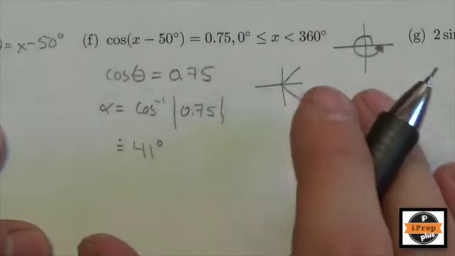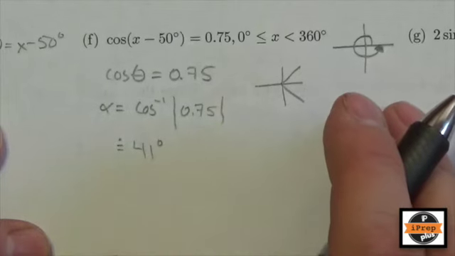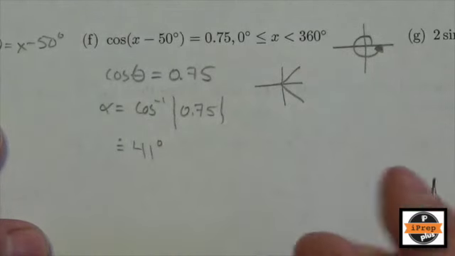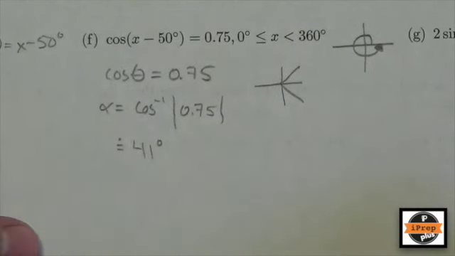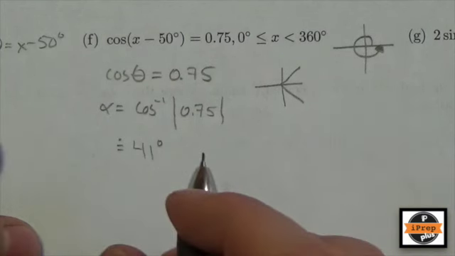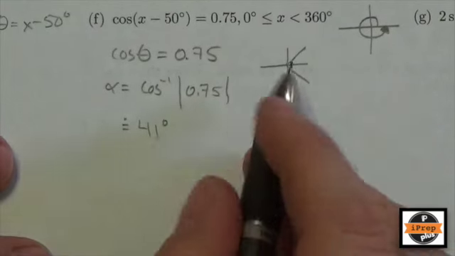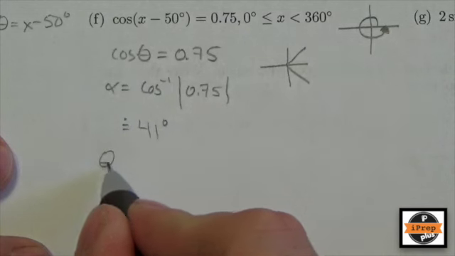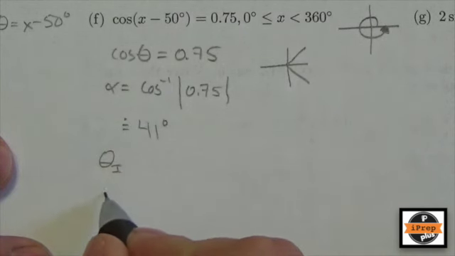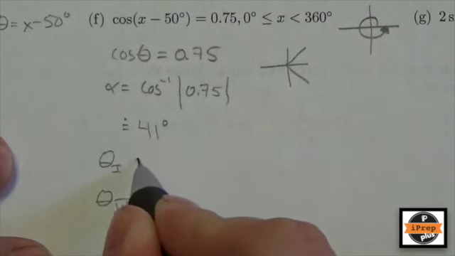You typically round angles to the nearest degree when you're doing something like this. With radians, it could be the nearest tenth or the nearest hundredth, but normally with degrees, you go to the nearest degree. So now we're going to put these things in quadrant 1 and quadrant 4. So we've got a first quadrant angle, and then we're going to get a fourth quadrant angle here.